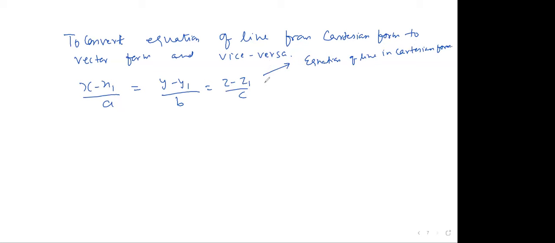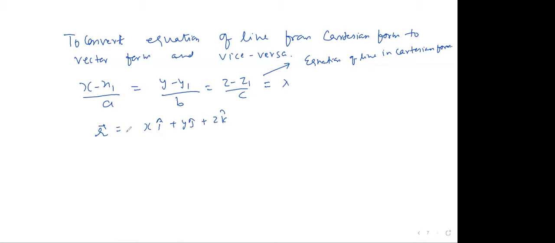So what we do, we take lambda, and r vector is always taken as x i cap plus y j cap plus z k cap.